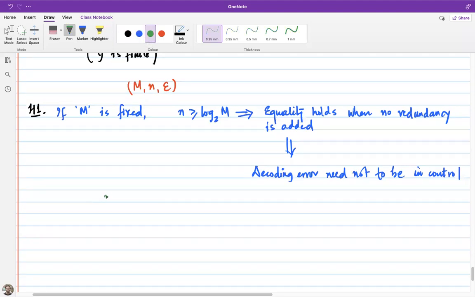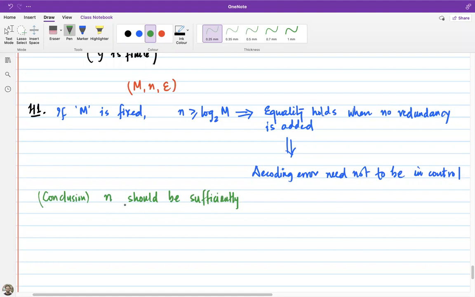this n that you see here should be sufficiently large. The amount of redundancy that you add should be sufficient so that things are under control, and you bring the decoding error below epsilon.